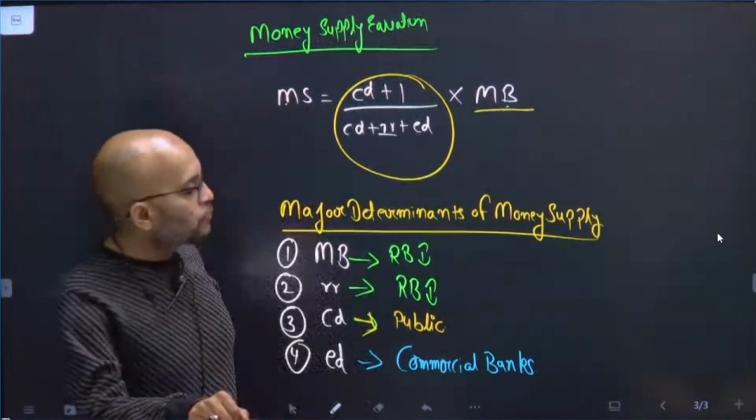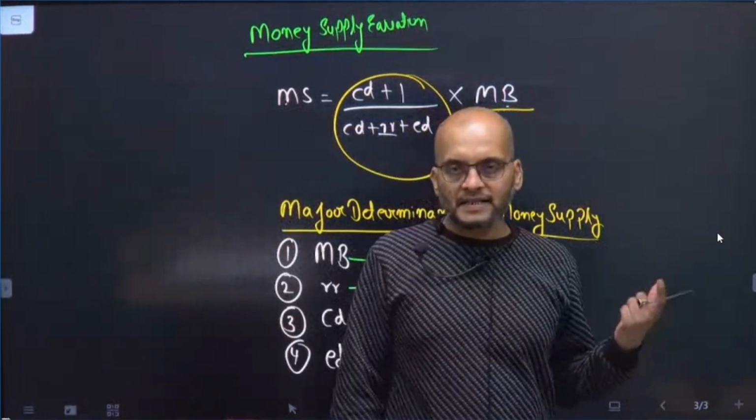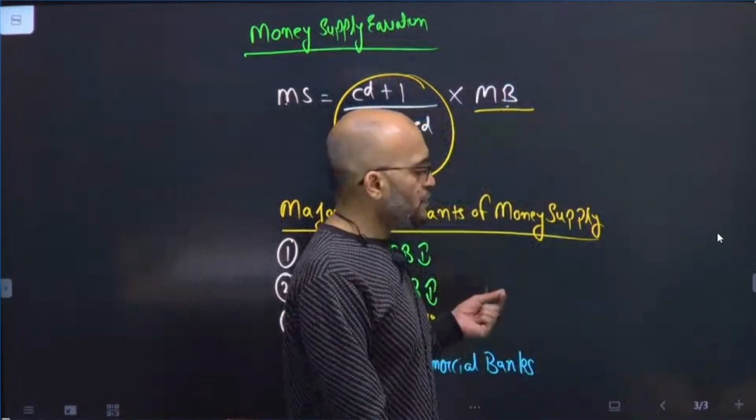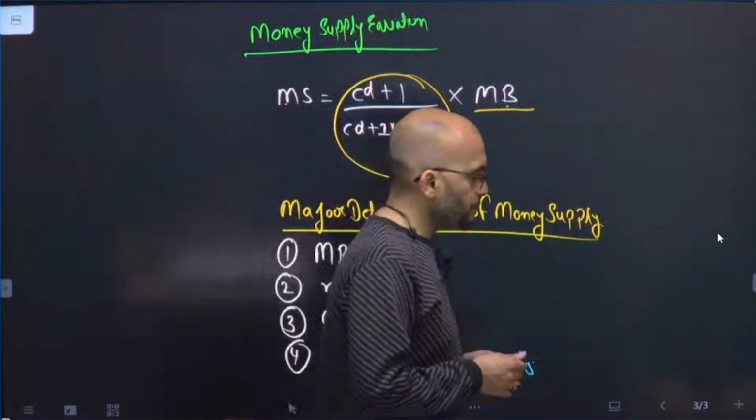Now let's talk about one by one. RBI, you can call it in general as central bank, right? So first we are going to talk about central bank determinants of money supply.